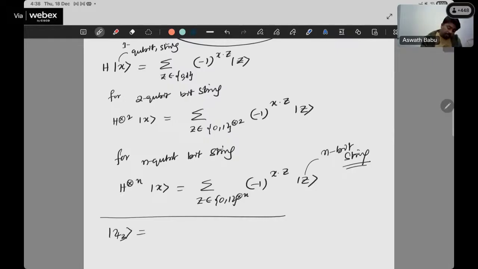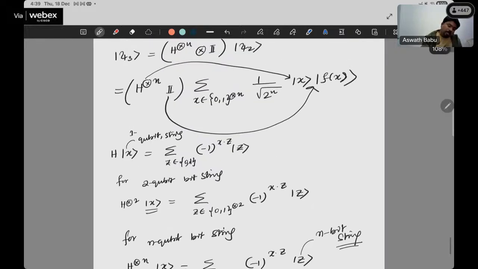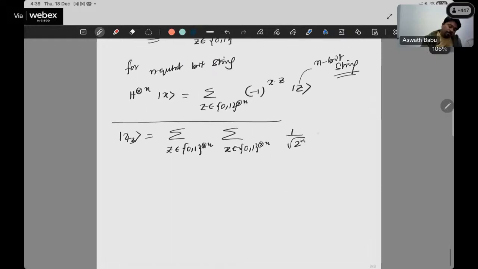Psi 3 would be the summation over z belongs to {0,1}^n and summation over x belongs to {0,1}^n, 1 by 2 to the power of n, minus 1 to the power of x into z, f of x, and in place of x I'll get z ket. This is what I have as psi 3.